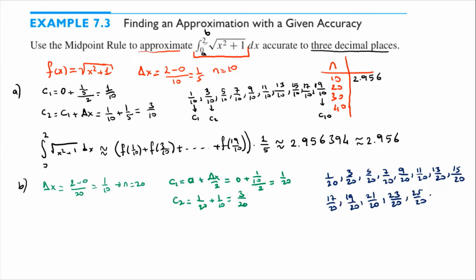I have to get 20, 7 more. 27 over 20, 29 over 20, 31 over 20, 33 over 20, 35 over 20, 37 over 20 and 39 over 20, right? 1, 2, 3, 4, 5, 6, 7, 8, 9, 10, 20. Correct? Correct. And how do I know? The last one cannot be more than 2. We have to stop before 2. So that's why I know 39 over 20 is close to 2. I stop.